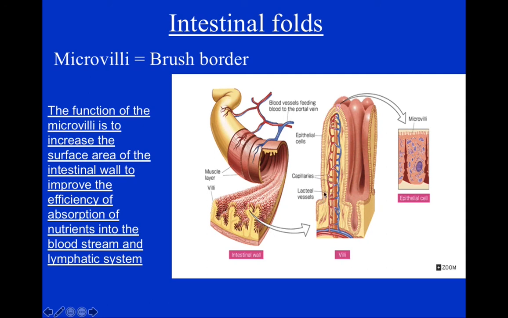The villi are lined by the epithelium of the intestinal walls, and you can see that on the villi we'll have these finger-like projections known as microvilli. And so with all of these extra degrees of folding, we've significantly increased the surface area. The whole purpose of this is to improve the efficiency of absorption. Microvilli are often referred to as the brush border, and there are enzymes that can be found on the microvilli that will play an extremely important role in digestion.